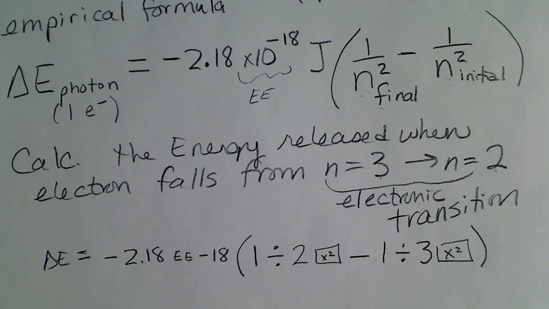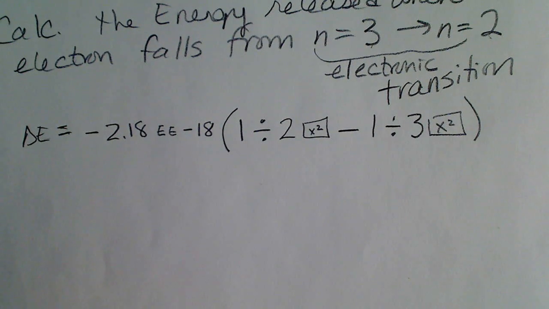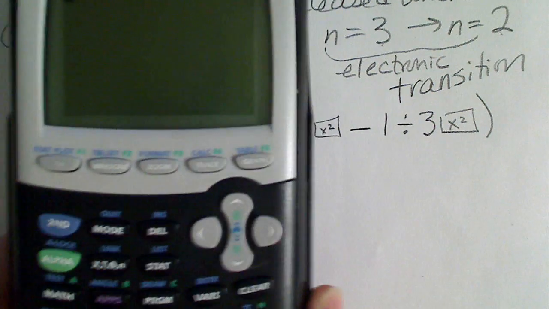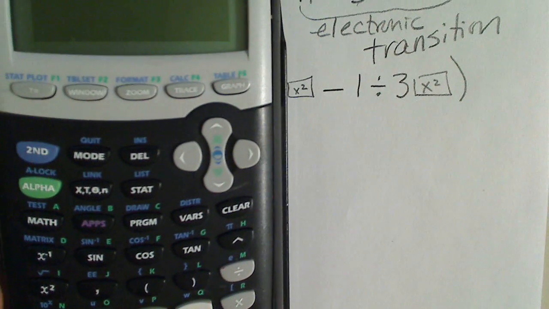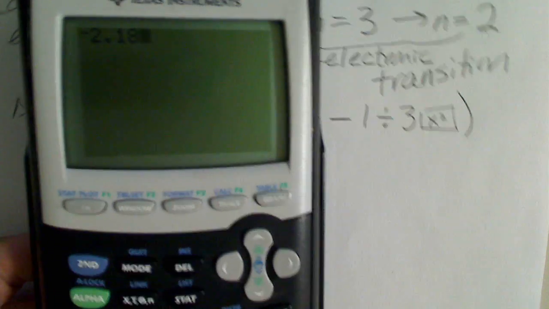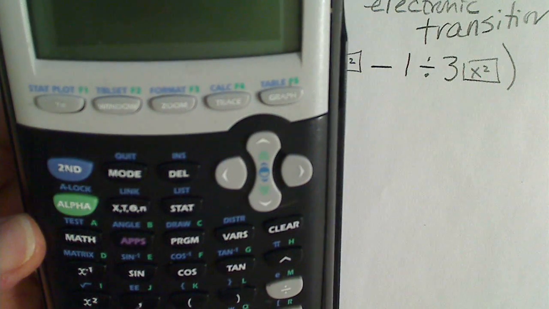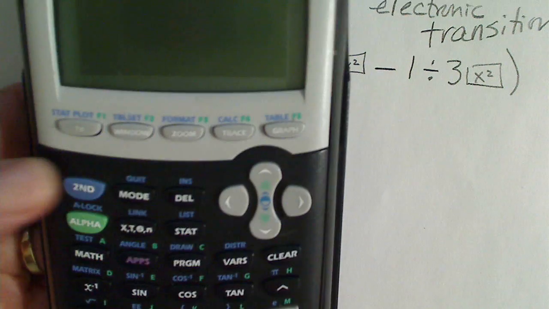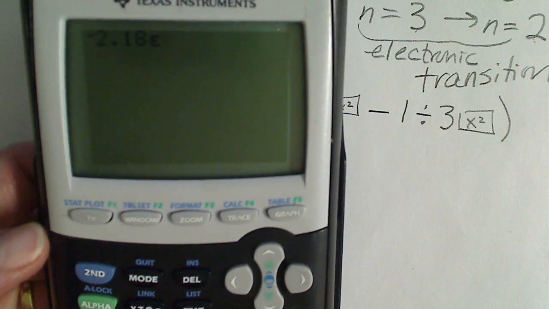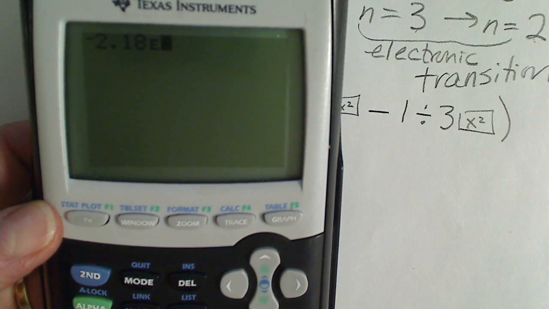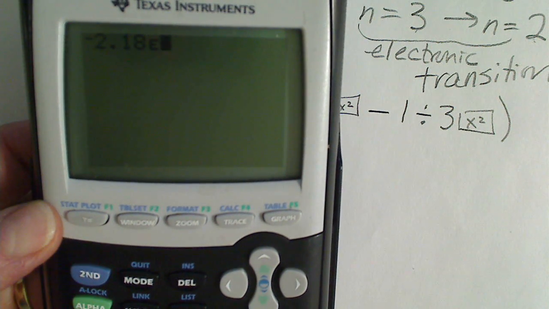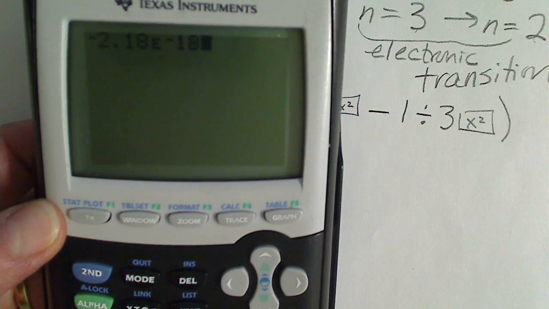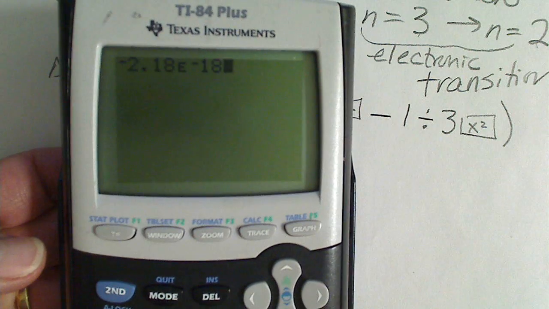And I don't know if that will show up that well. Let me scoot that up. So we would just plug that in. And so negative 2.18. And then the double E key is below the comma. It's kind of hard to see. So we hit the second EE. That means that it knows that that's one number, EE, negative 18, so we don't have to hit the times 10.